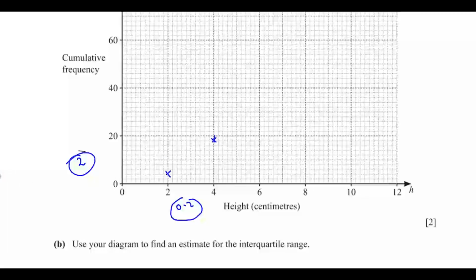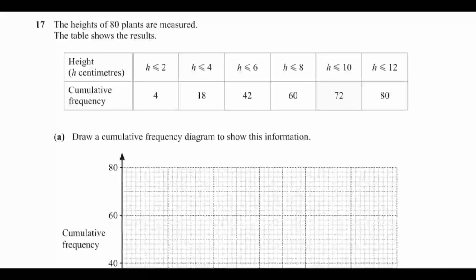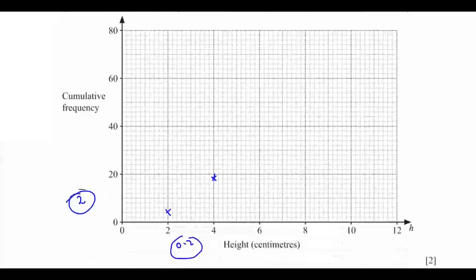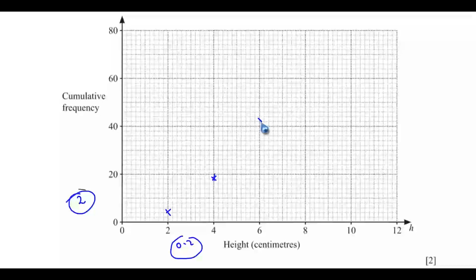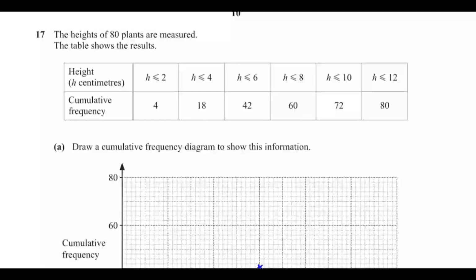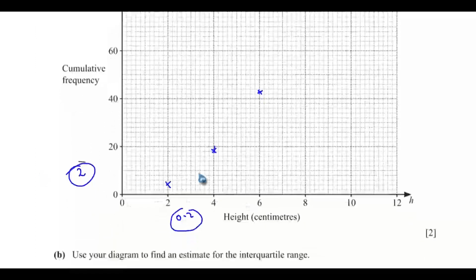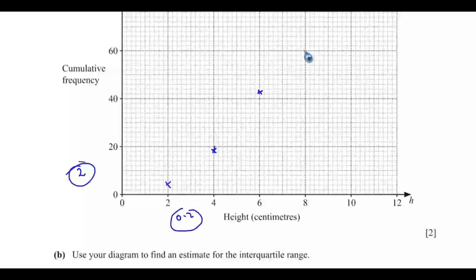Okay, then another one, 6 against 42. So 6 against 42, the line is 2. Okay, then 8 against 60, exactly here.